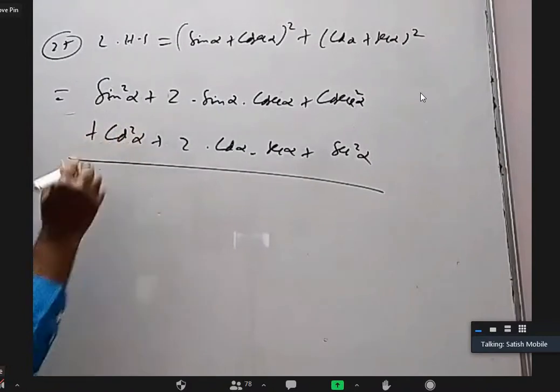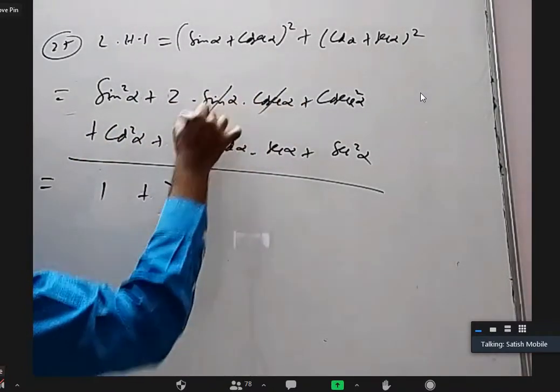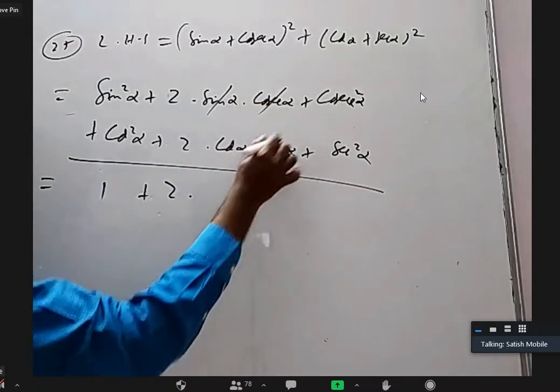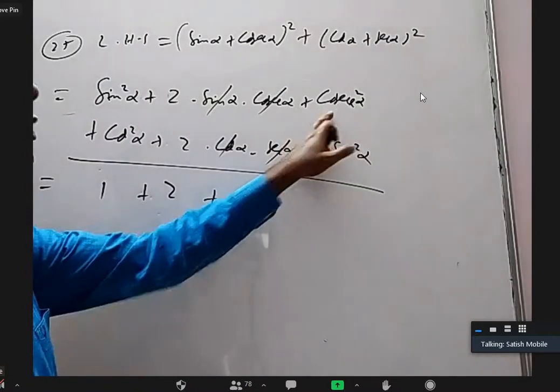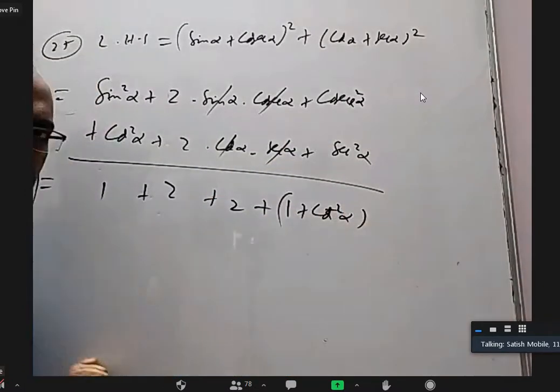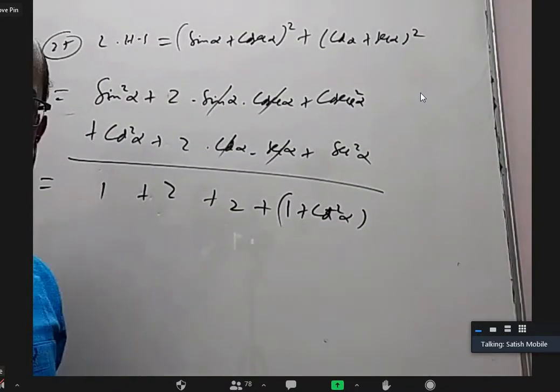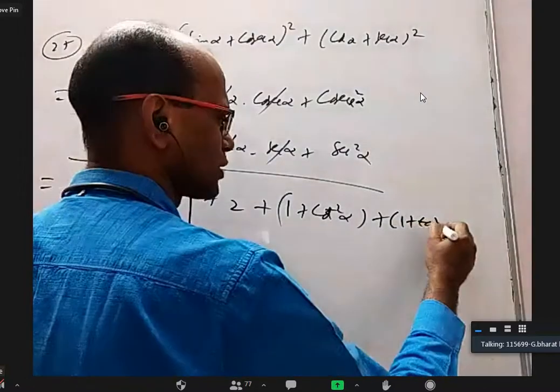Now, sin square alpha plus cos square alpha is 1. Coming to this, cosecant alpha is 1 by sin alpha, cancel; secant alpha is 1 by cos alpha, cancel; you'll get 2 plus 2. Cosecant square alpha, I can write 1 plus cot square alpha, because they wanted that in the answer on the RHS. And secant square alpha is 1 plus tan square alpha.